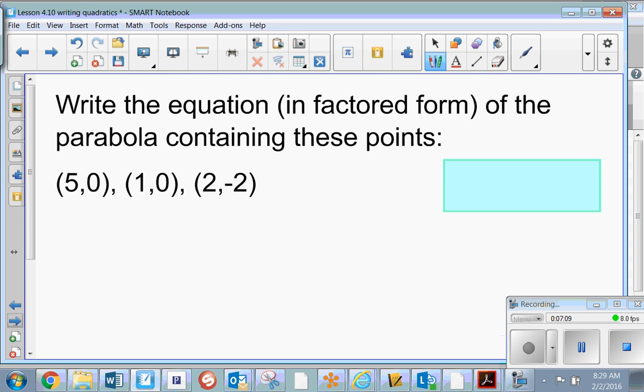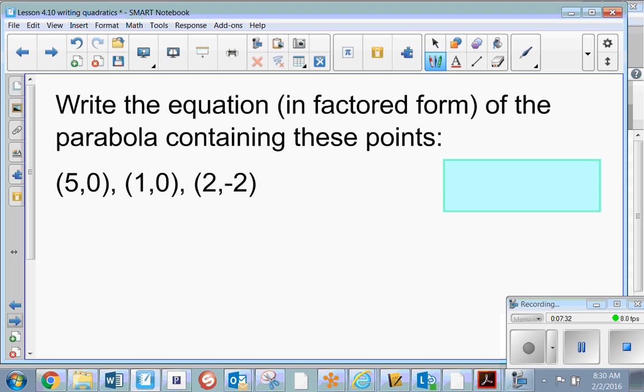All right. Now, this one gives me a little bit different information. Write the equation in factored form. The factored form of a parabola that contains these 2 points, or 3 points actually. Now these points are very particular points.